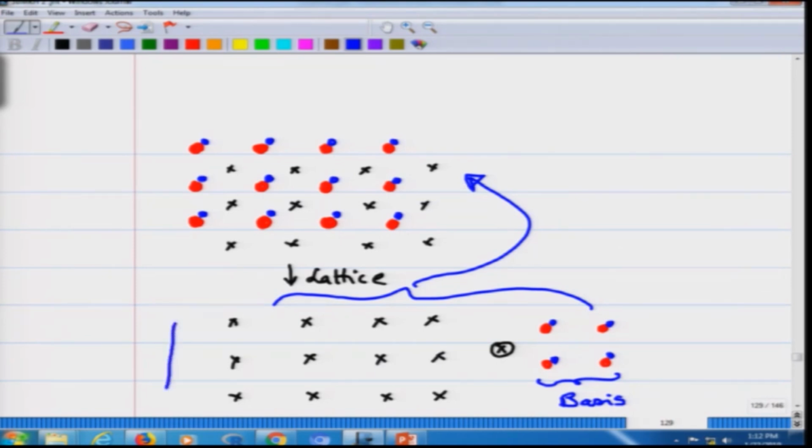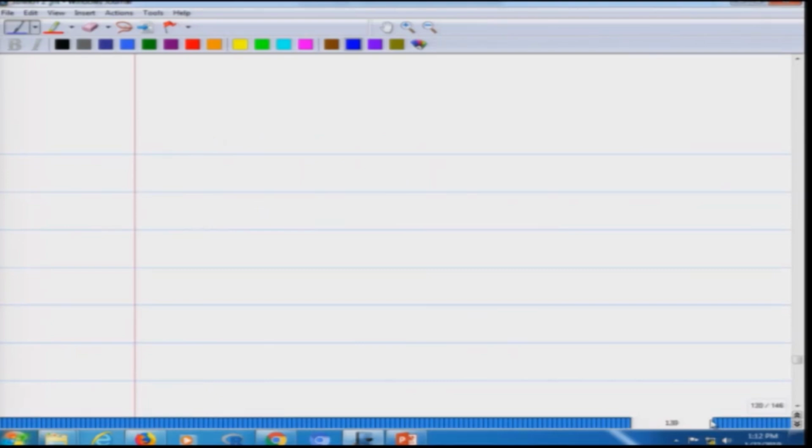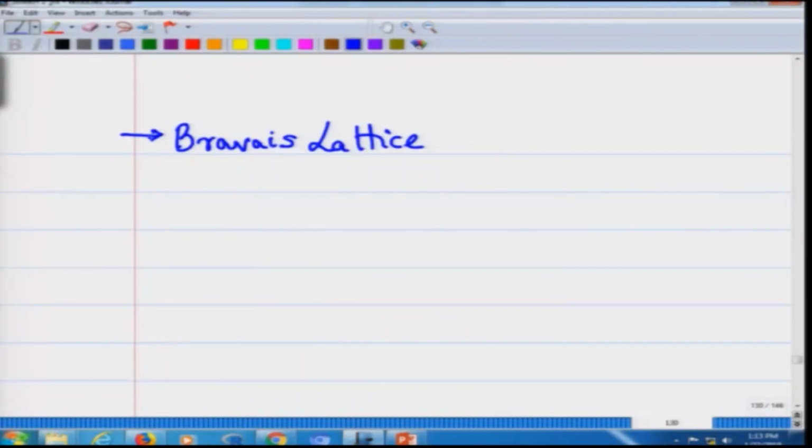So, this gave us an important concept of the lattice, that from a collection of atoms which are periodically arranged, I can construct a lattice. So, what is the requirement of a lattice, or more specifically, from a crystalline solid I want to first get something called a Bravais lattice.